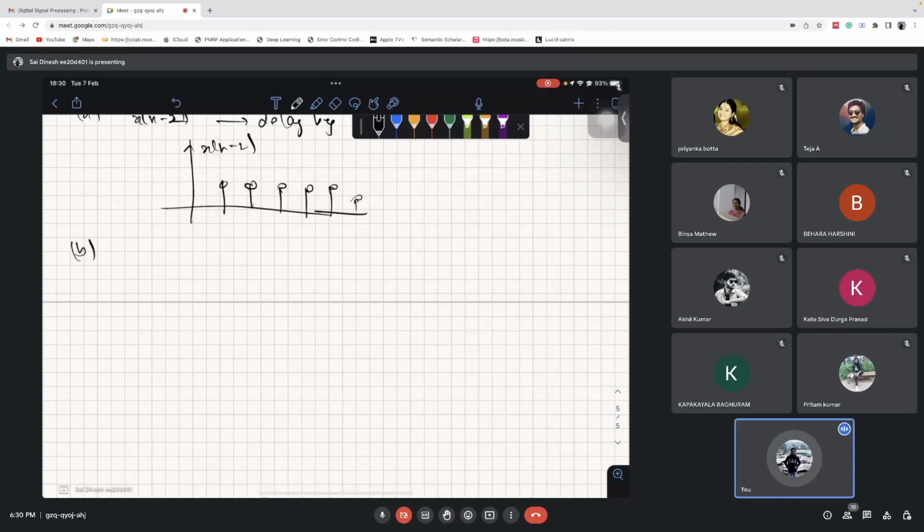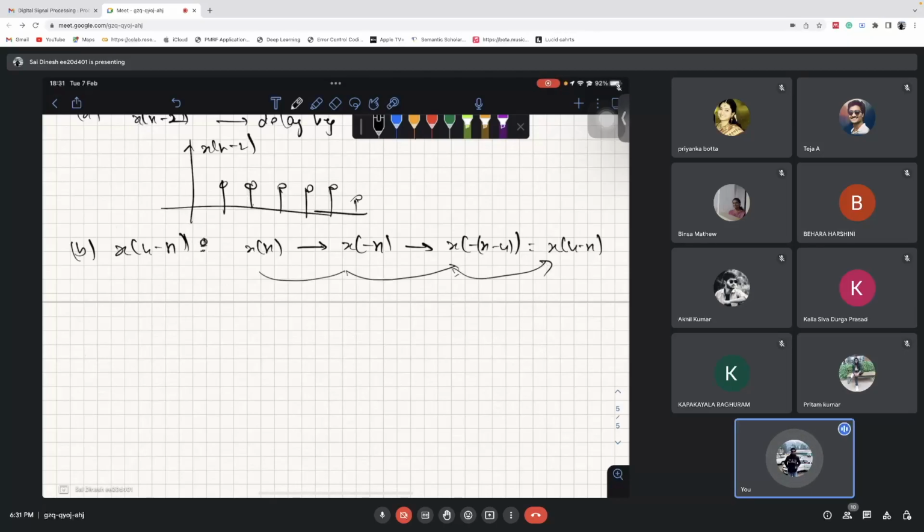Another case would be x of 4 minus n. So what you're doing here is take x of n, time reverse it, and then delay the signal by 4 samples. So x of minus of n minus 4. So this will be x of 4 minus n. If we take these steps in the signal, how do we see it?